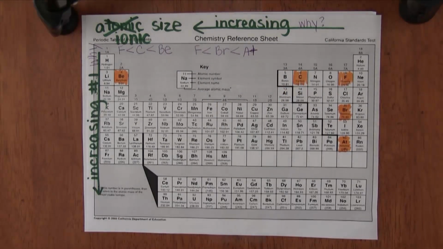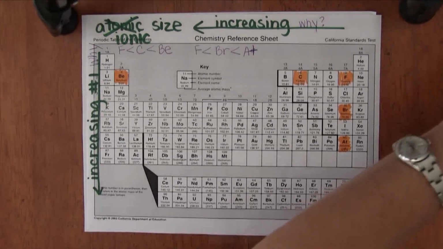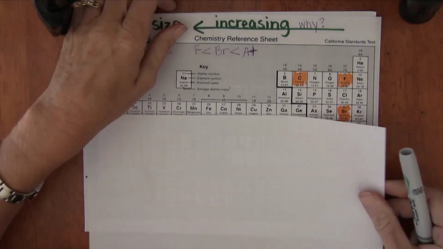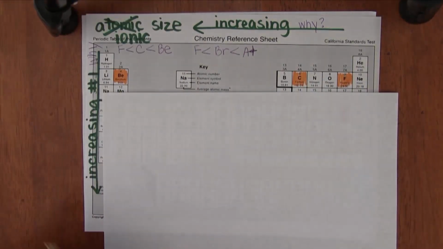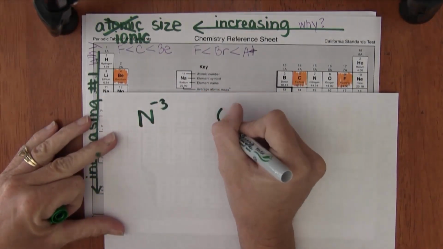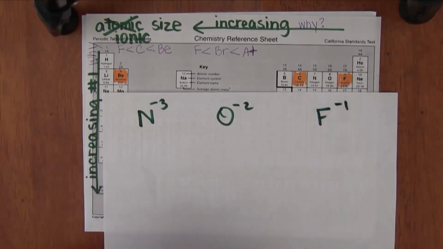Okay. Now the thing is, if you compare cations to cations, that works. If you compare anions to anions, let's look at some anions. Let's do those three. Let's do nitrogen minus 3, oxygen minus 2, and fluorine minus 1.